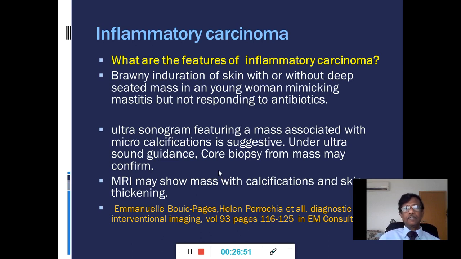An ultrasonogram, where the mass may be associated with microcalcification, is to some extent suggestive. Under ultrasound guidance, a core biopsy from the mass may be confirmative. MRI may sometimes show a mass with calcification, and skin thickening wherever there is brawny induration of the skin.